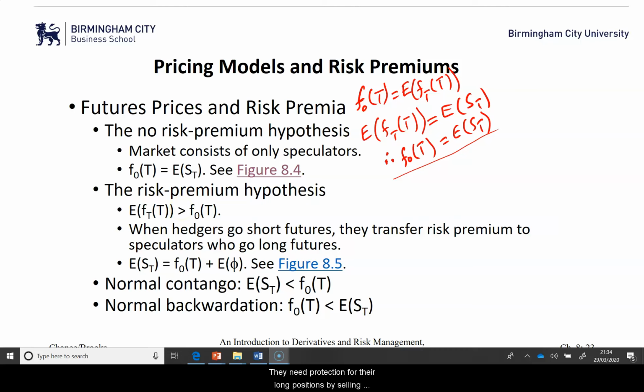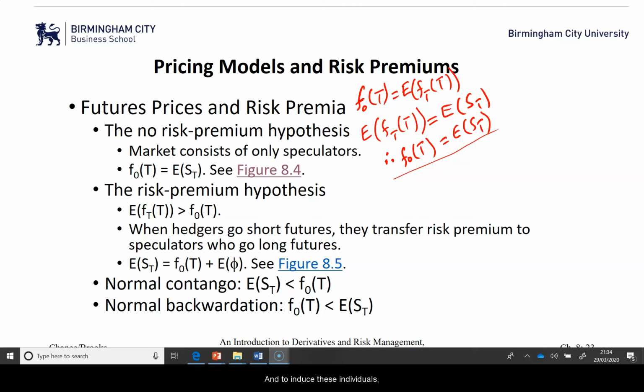They need protection for their long positions by selling future contracts. However, they need individuals who are willing to take long positions in the future contracts that they want to sell.